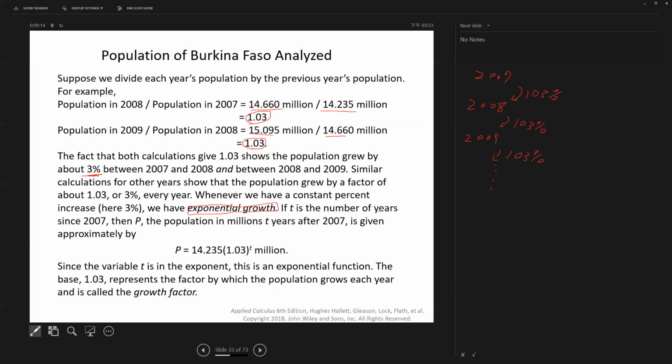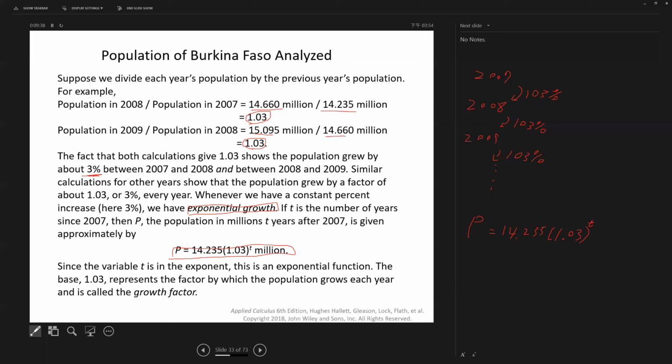If t is the number of years since 2007, then capital P, the population in millions, t years after 2007, is given approximately by this. I'm going to write it on the right. Capital P is 14.235 times 1.03 to the power of t.